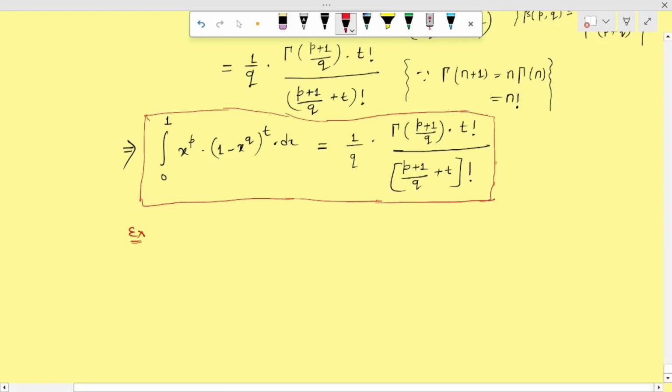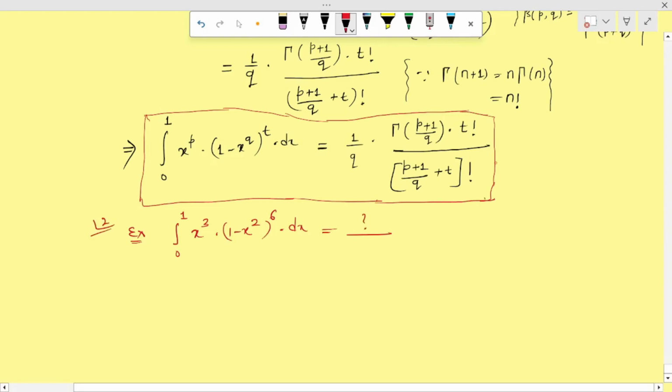Suppose one integration is given like this, we have to evaluate the integral from 0 to 1 of x to the power 3 into (1 minus x squared) whole to the power 6 dx. Such an integration is given in the exam, and for a 2 marks question it has been given. Okay, 2 marks or 1 mark.